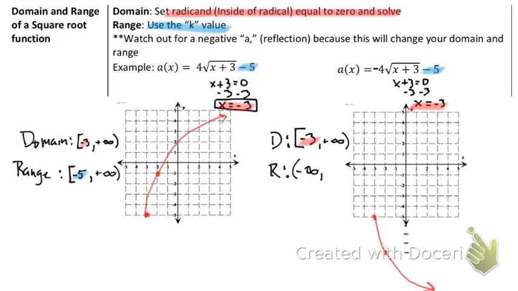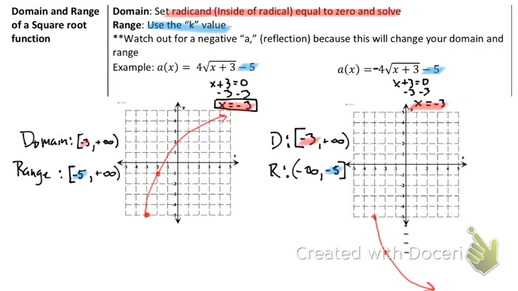And then how far does my graph go up? It's going to go up to -5. So as you can notice, my k value is still part of my range. It's just now in a different spot because my graph has flipped.